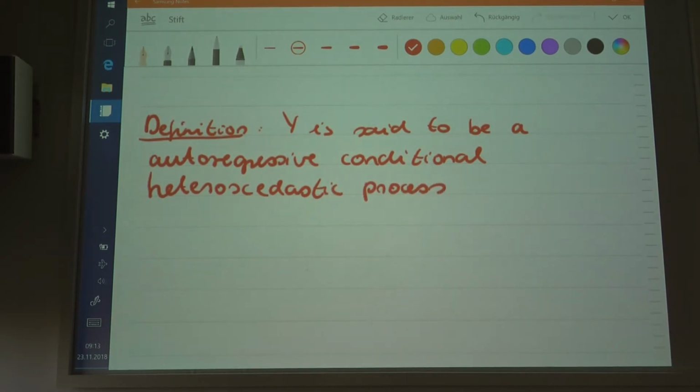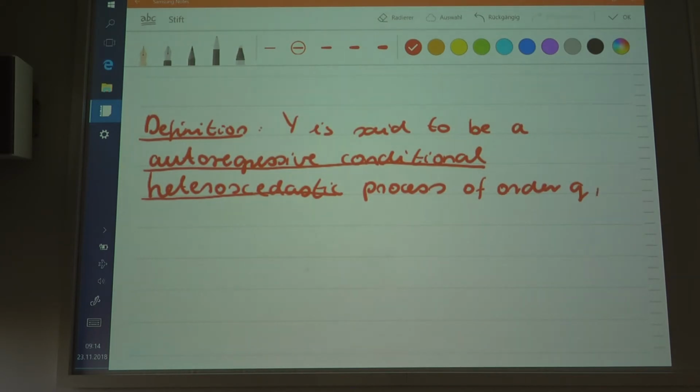Okay, so this will be the so-called ARCH process, the autoregressive conditional heteroskedastic process, of order q. There are different types regarding the autocovariance.